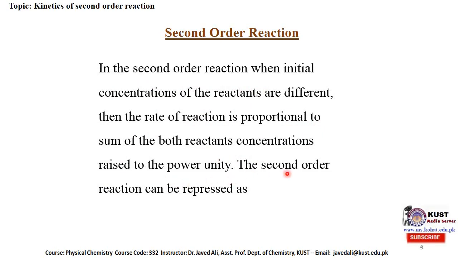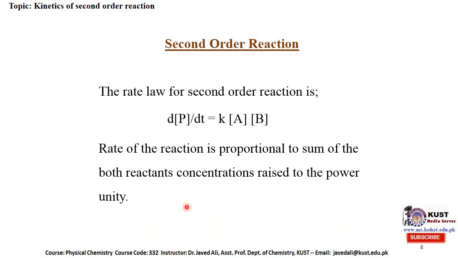The second order reaction can be expressed as A plus B going to the product, where A represents reactant A and B represents another reactant B. The rate law for second order reaction when initial concentration of reactants are different is dP divided by dt equal to K, concentration of reactant A and concentration of reactant B.